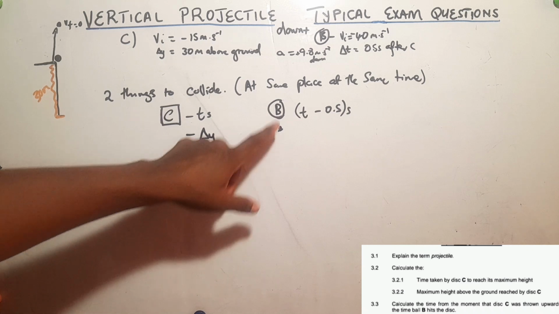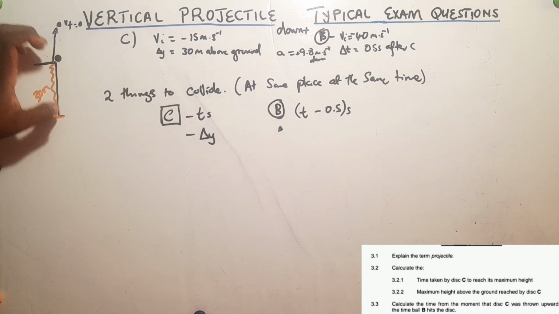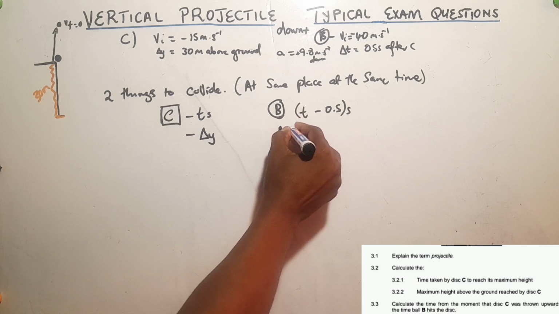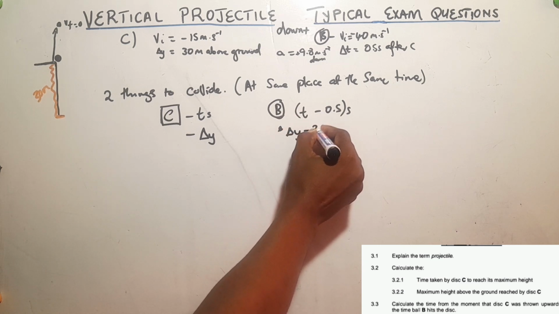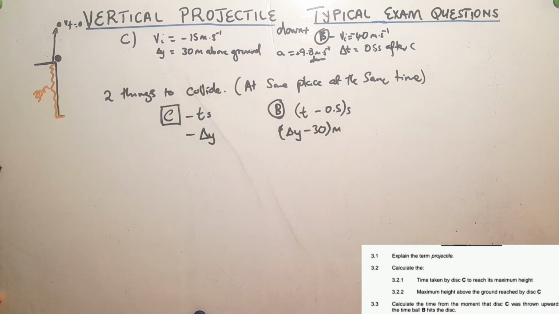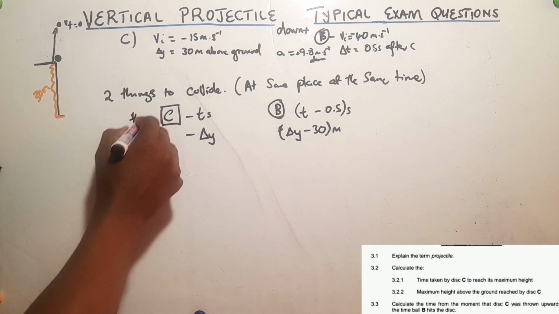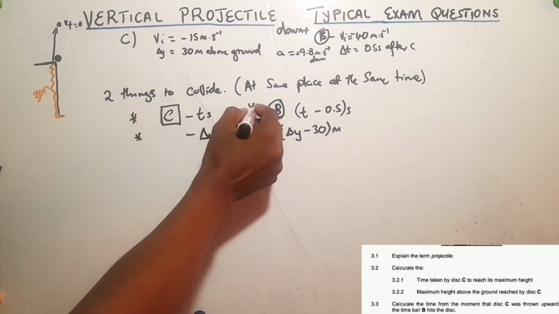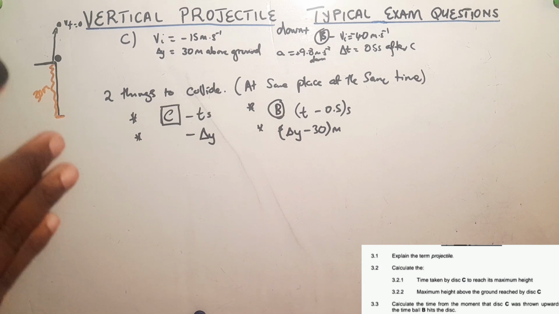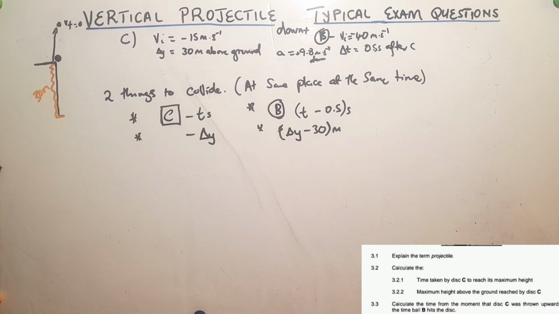So it means that for this to reach that same place at the same time, the displacement of this should be changing y minus 30, because it is 30 meters behind. This one is 30 meters behind. Can you see that? So it means that we can use a simultaneous equation on this to try to find the time. So we are going to use the same formula for different objects to work on it simultaneously.